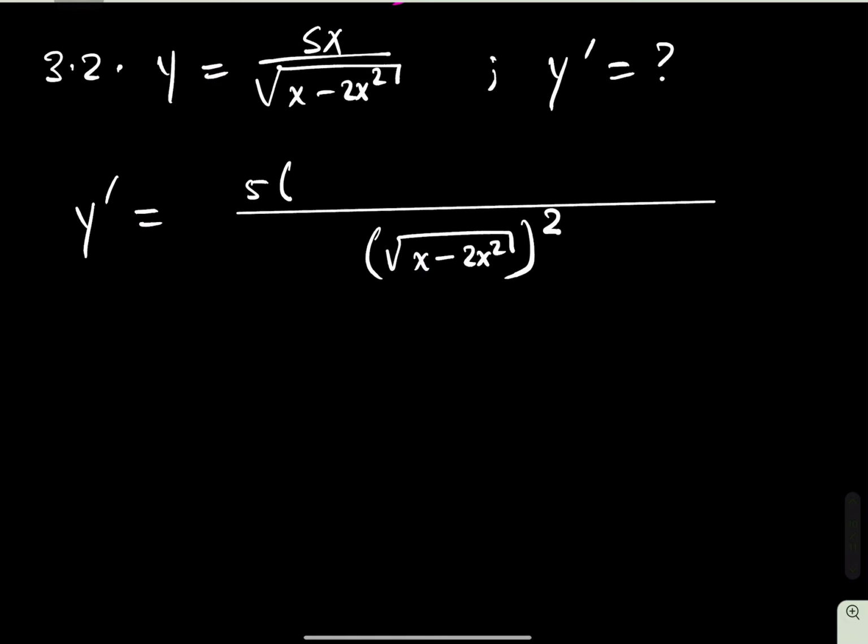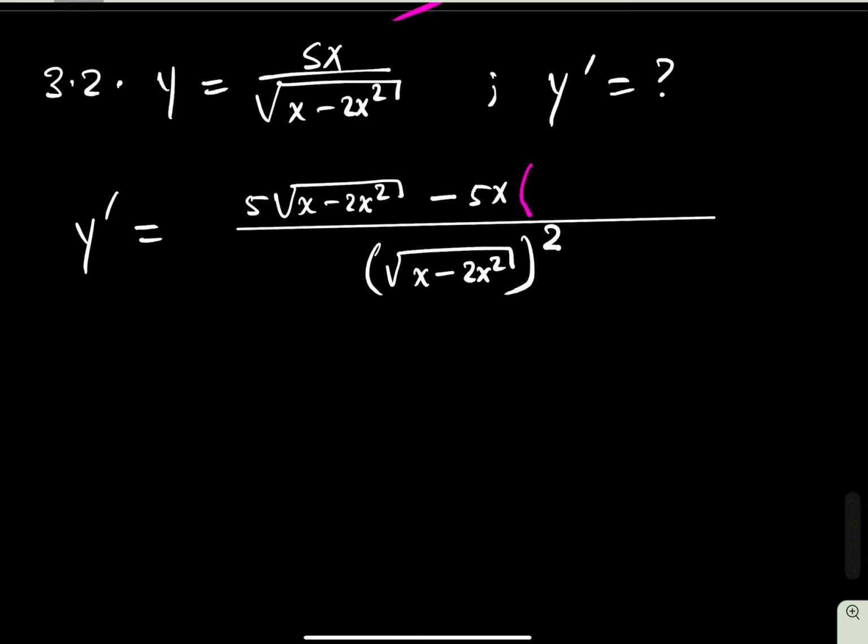And then we keep the other one, we keep our g, so that is x minus 2x squared. And then minus, we keep our numerator, that is 5x. Now we are going to multiply by the derivative of our denominator.